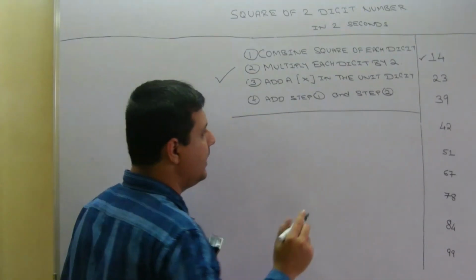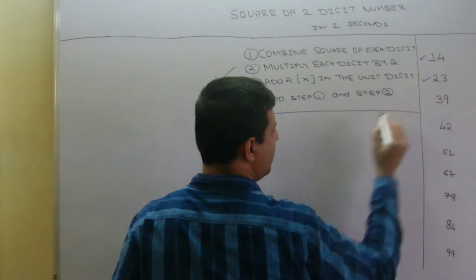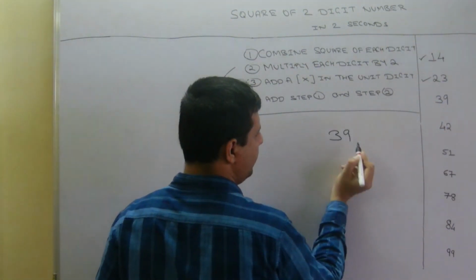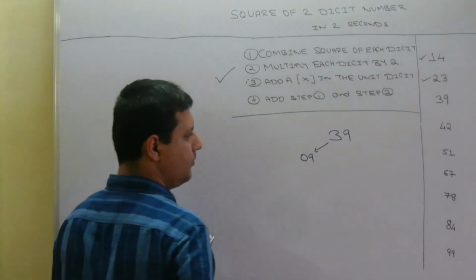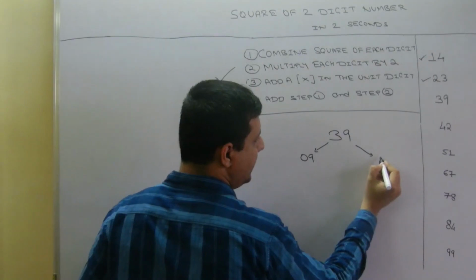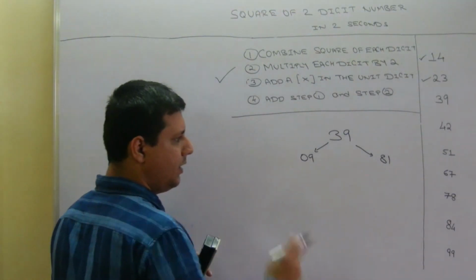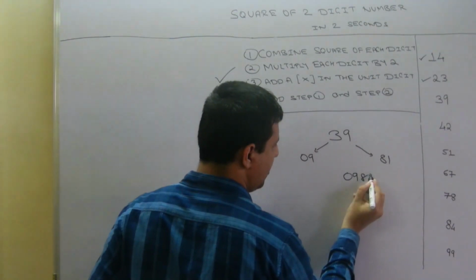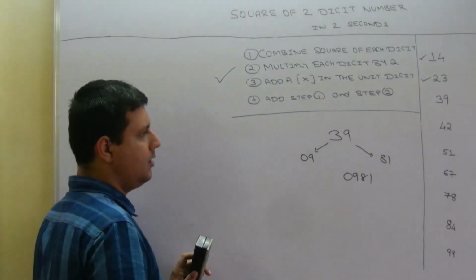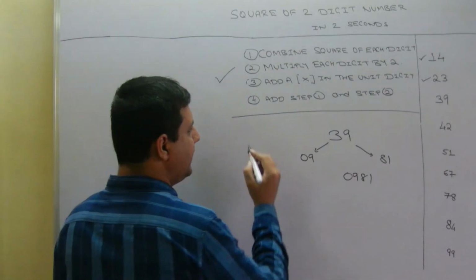We have 39. Square of 3 is 9 and square of 9 is 81. Combining both the numbers, we get 981. Now let's find the multiplicative value.